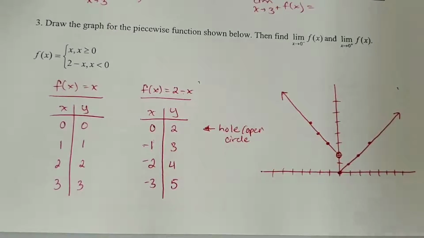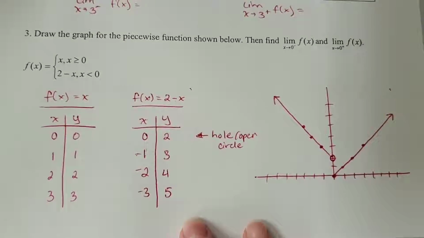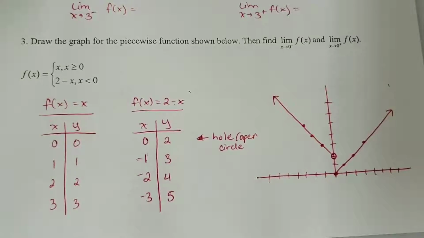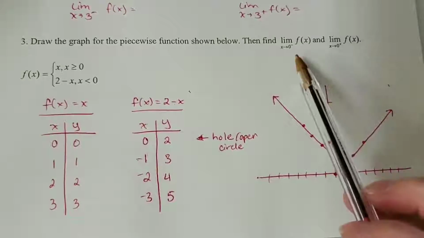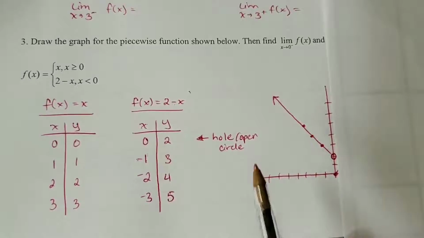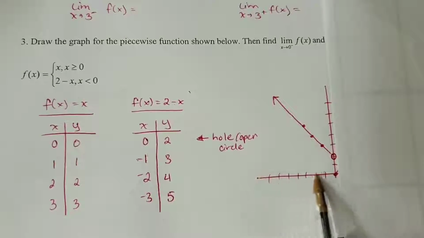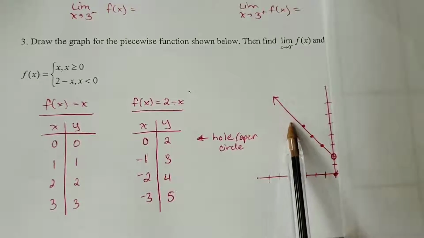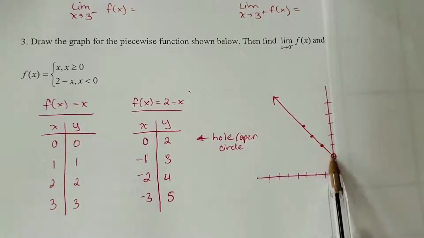Now we want to find the limit of f of x as x approaches 0 from the left and from the right. For the left-hand side of the graph, you can basically ignore this part. As we come at the graph at 0 from the left, my line is getting closer and closer to an intended height of 2.